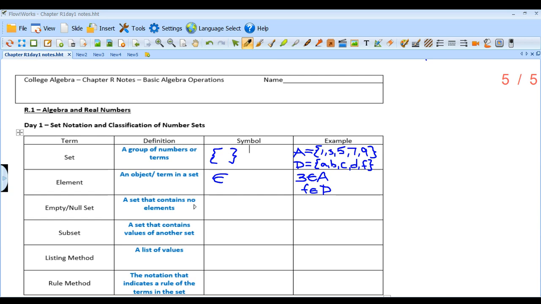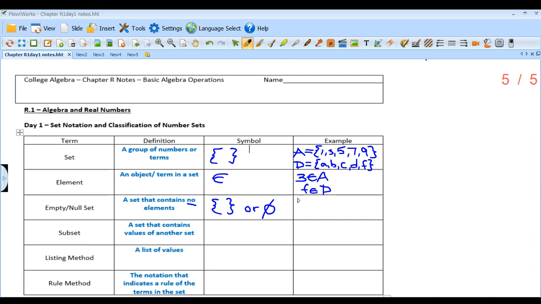All right, next, an empty or null set is a set that contains no elements whatsoever. If there are no elements within the set, then we're going to leave it empty inside. Sometimes you'll just see the braces by itself, or you could use a 0 with a line through it, and we say the empty set.